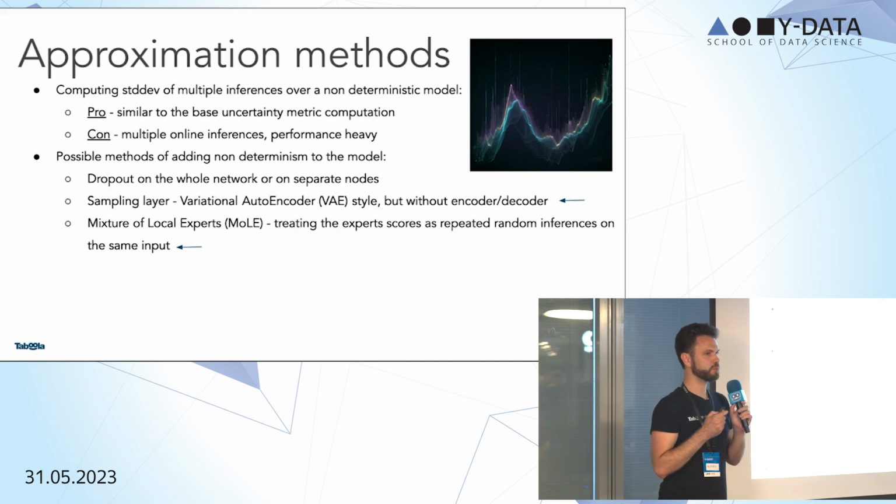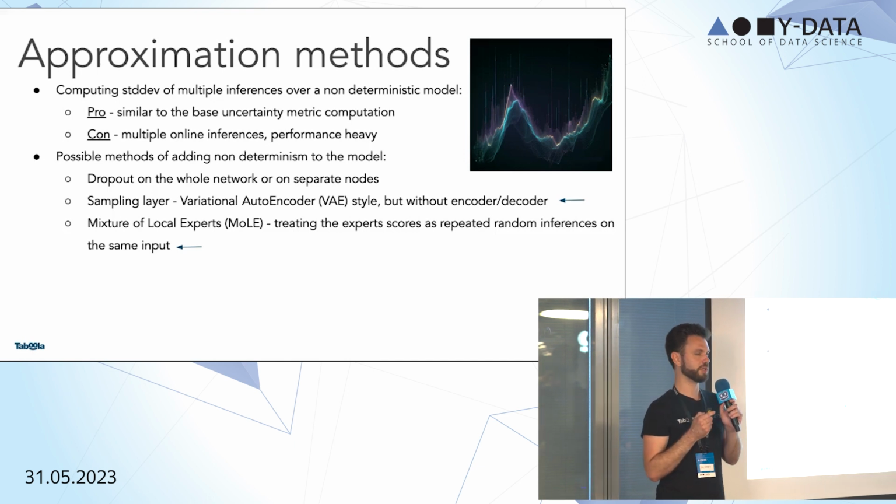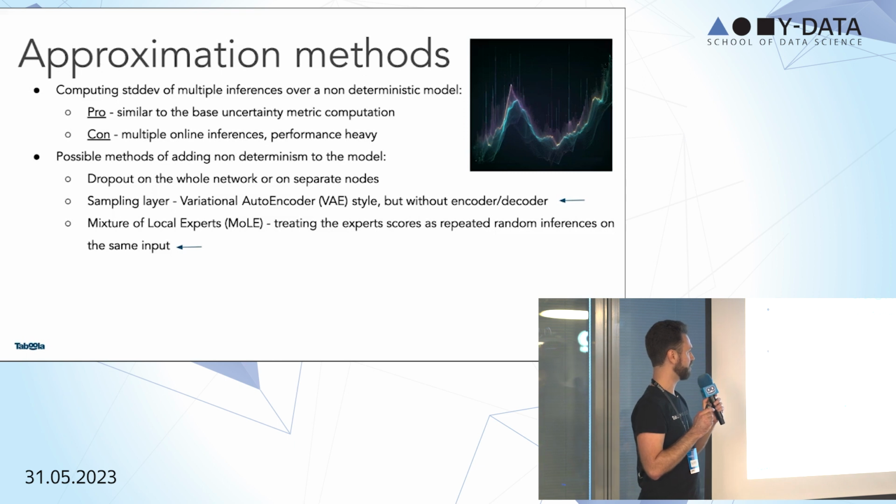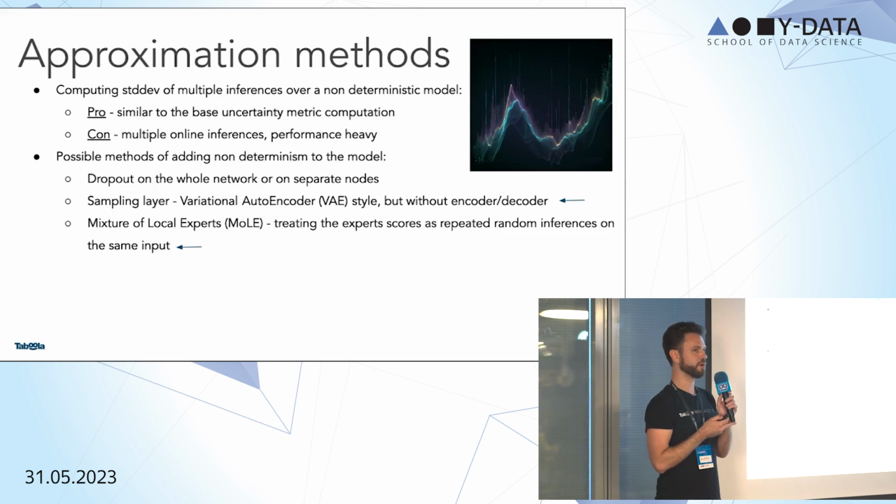Usually we do this as a kind of regularization technique. And during inference, we don't drop the neurons. We just infer as it is. But in this case, we want to infer and perform the dropout still, so that we get different scores from each inference.